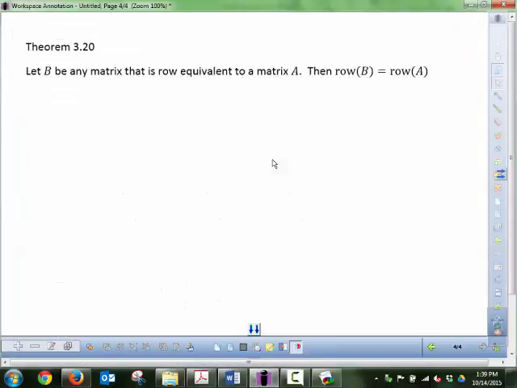So what this theorem says is that it allows us to either take the rows of the original matrix or the non-zero rows of the reduced matrix. If you're able to get one of them to be 0, then you don't take that from either matrix.